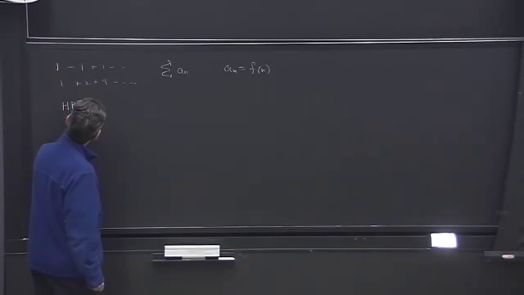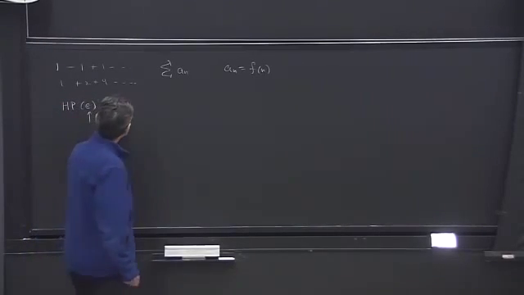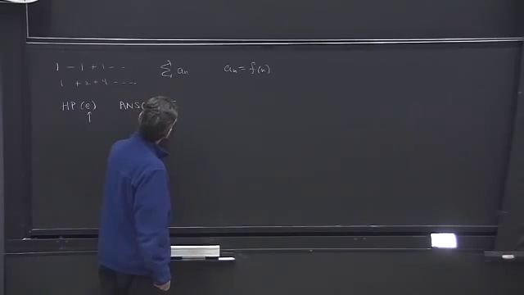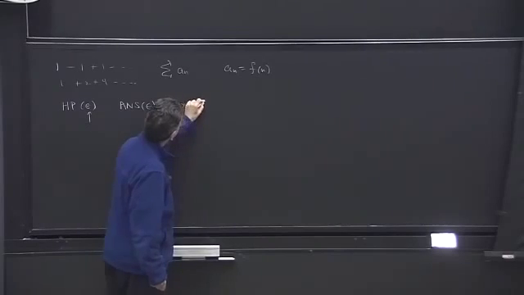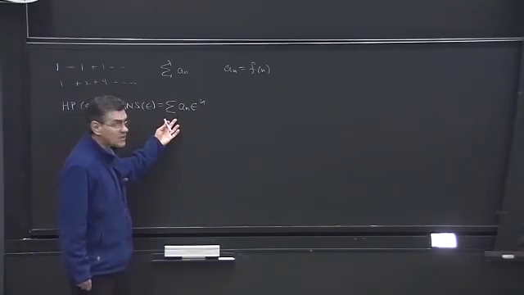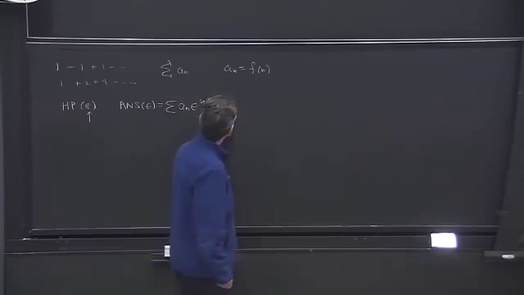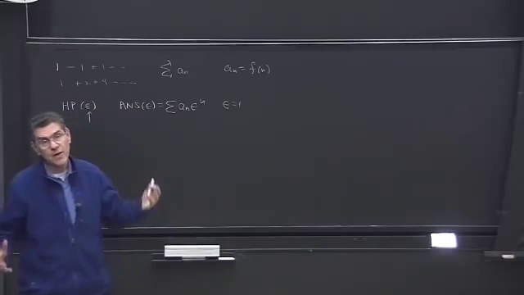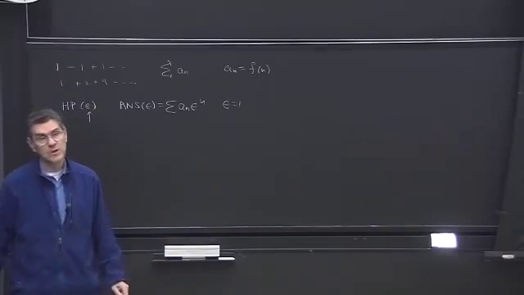You insert an epsilon. The answer is now a function of epsilon, and you have a perturbation series of that type. And of course, at the end of the calculation, you're going to set epsilon equal to 1, or to whatever its value is. Maybe it's 2, something like that.